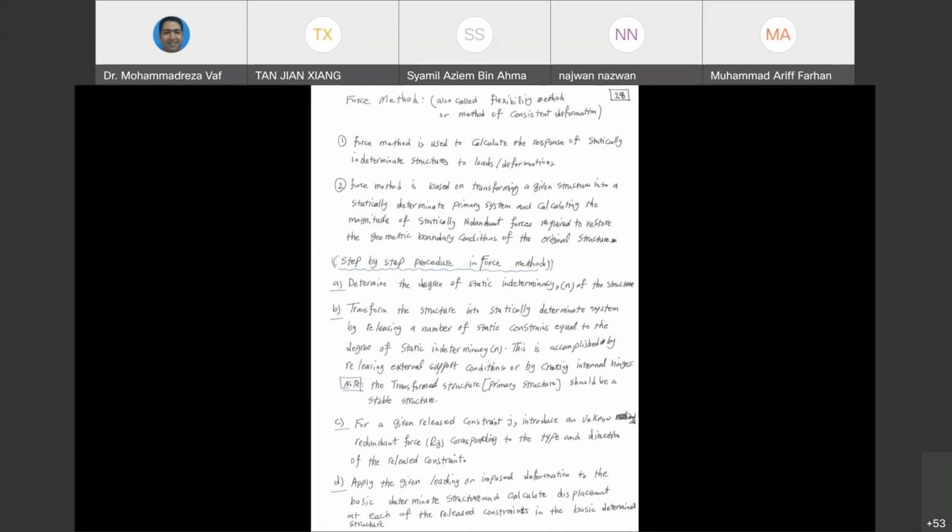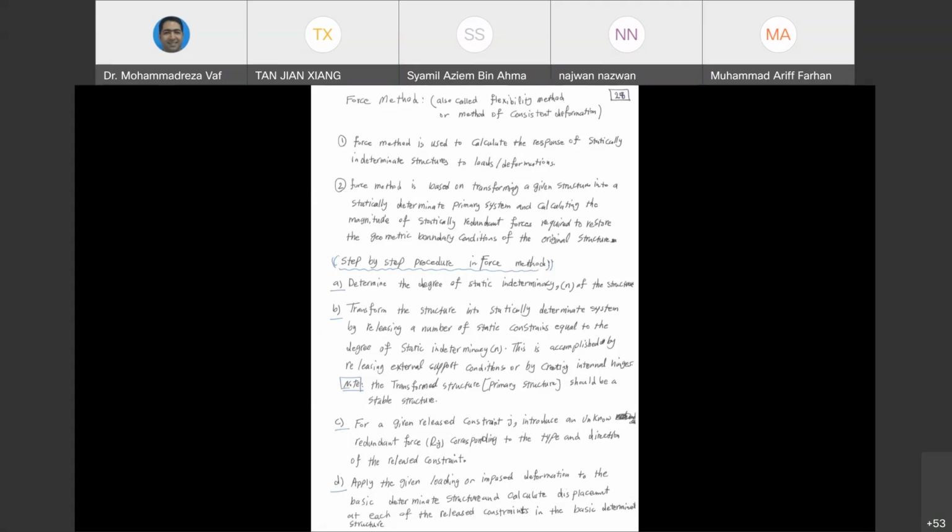The reason is that first we use the virtual work method to calculate the deformation, and then we normally transform our structure from a statically indeterminate structure to a statically determinate structure.